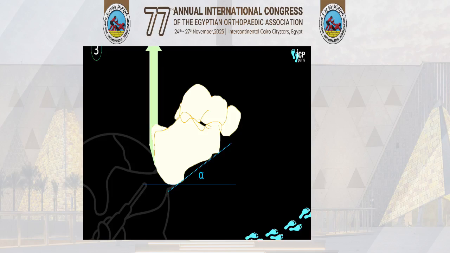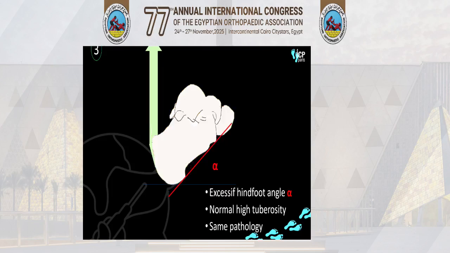So last case, it's a vertical heel with a high tuberosity. So then you need to treat the impingement on the vertical heel. Sorry, I'm going too fast.